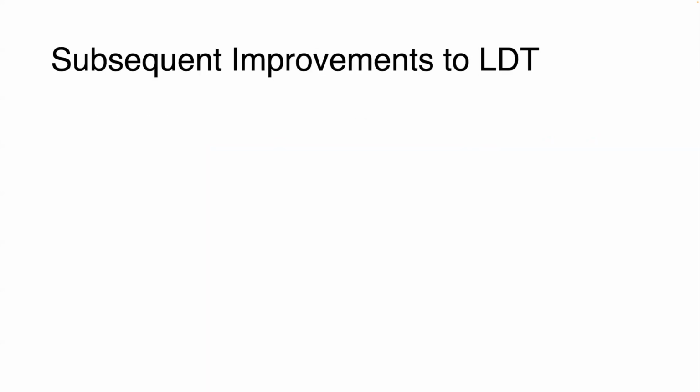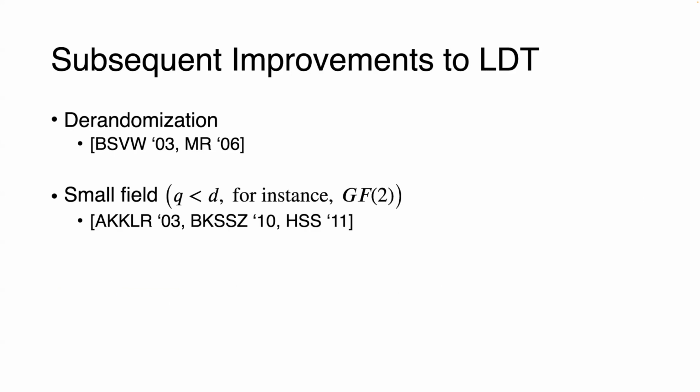There have been multiple avenues of improvement that the low degree test has seen. One avenue has been in the context of de-randomization, wherein we want to reduce the amount of randomness that the test is using. The other avenue has been to make a version of this test, or a different test, work in the setup where the size of the field is perhaps far smaller than d.